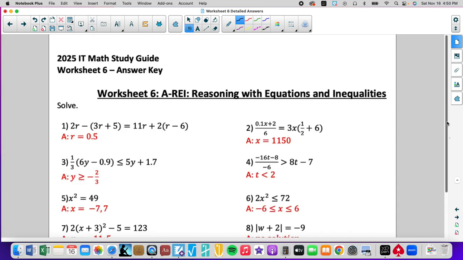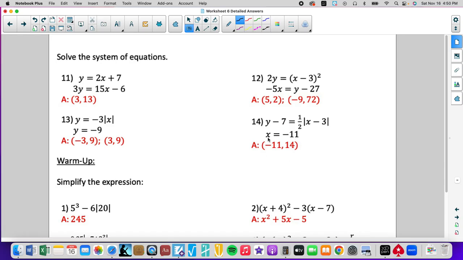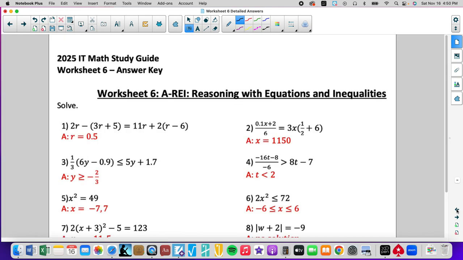All right, let's see. Isn't that interesting? Yeah, so they do give the coordinates. This is good. Outside of that one problem that they got wrong, this one's wrong.